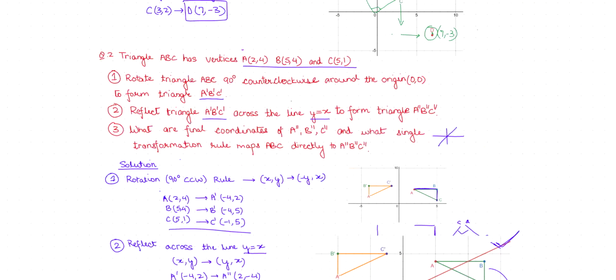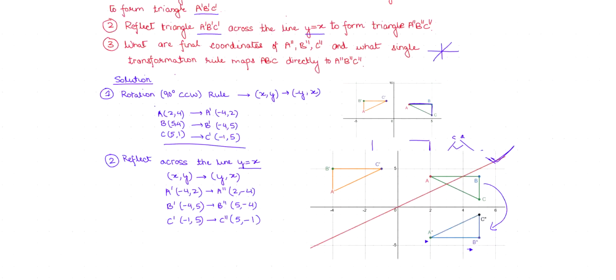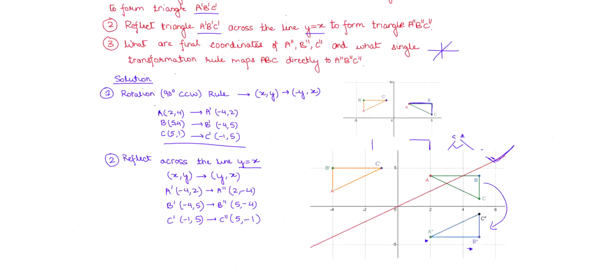And the final coordinates of A''B''C'' are (2, -4), (5, -4), and (5, -1). So just think over it, what single reflection could have brought ABC directly to A''B''C''.